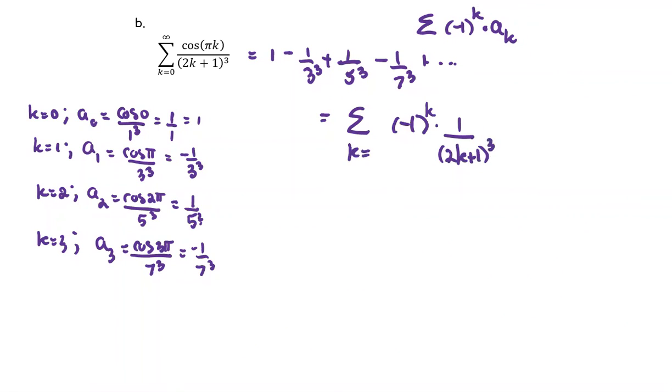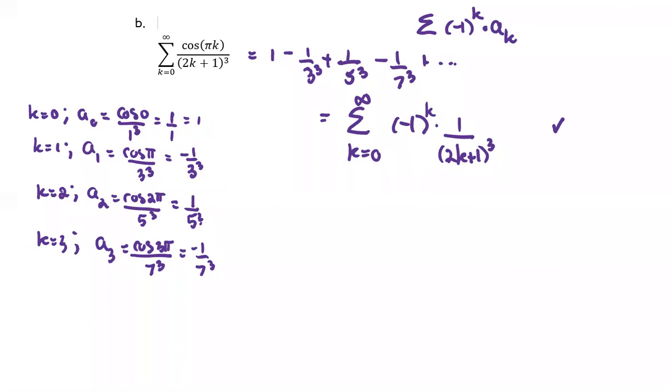Since k starts from 0, the first term is positive, so negative 1 to the k is the appropriate coefficient. And as k equals 1, negative 1 to the first power, the coefficient of the term is going to be negative. So this is the alternating series form of the given series.